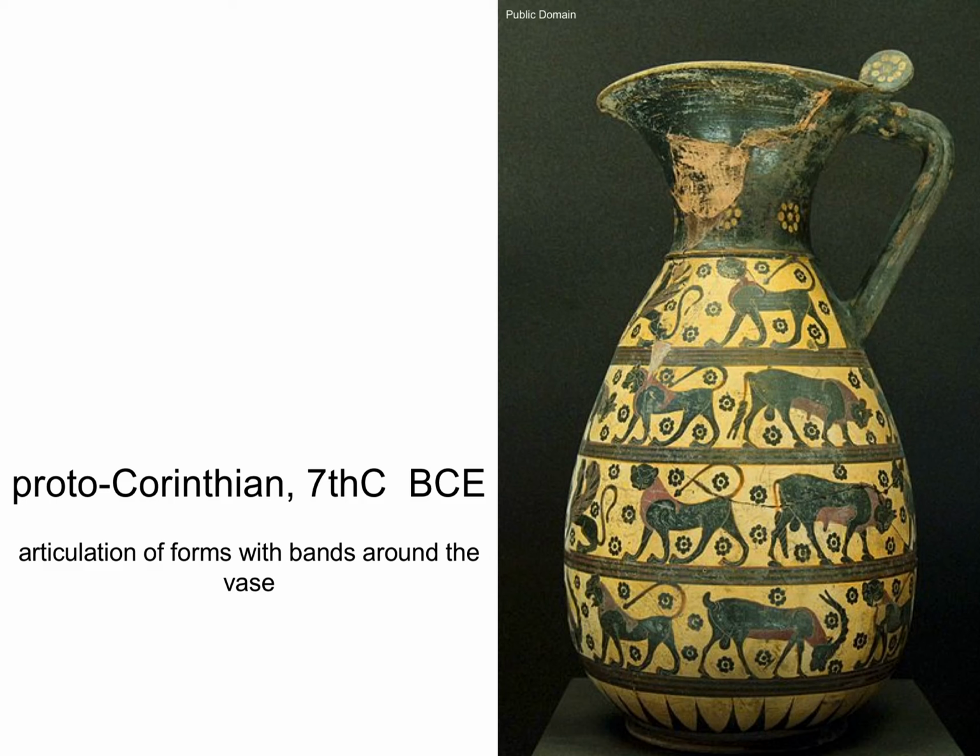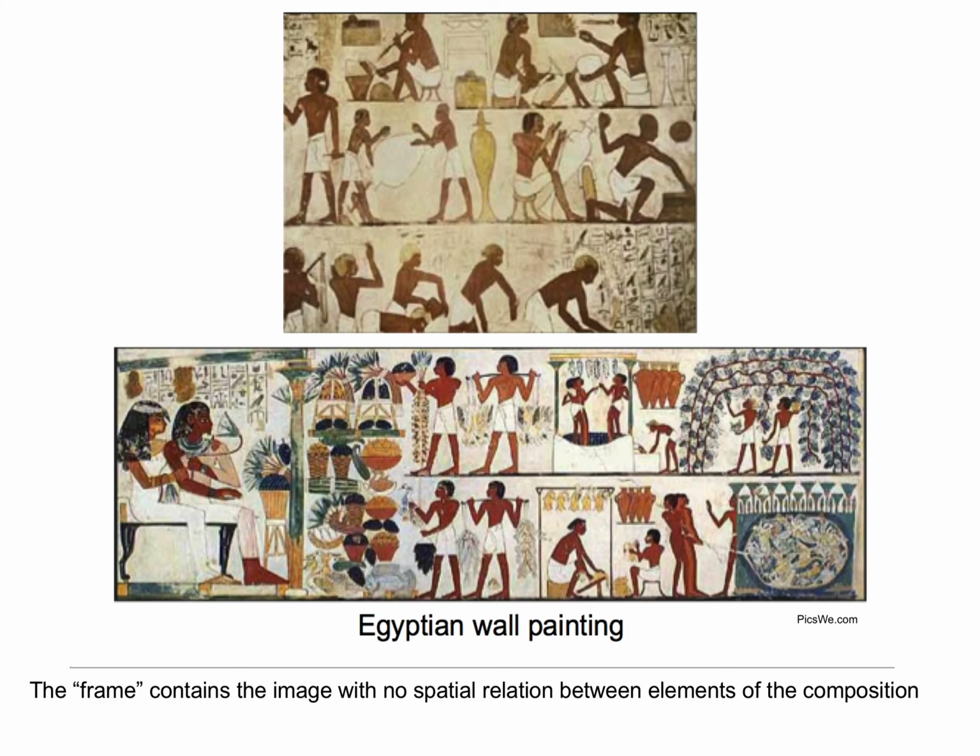So very often the articulation of forms is through banding on the form that creates sections into which various representational or narrative elements are inserted. We have something similar happening in other cultures, where we have framing devices and boxes into which narrations are inserted, like we find in Egyptian wall painting prior to the Greek.